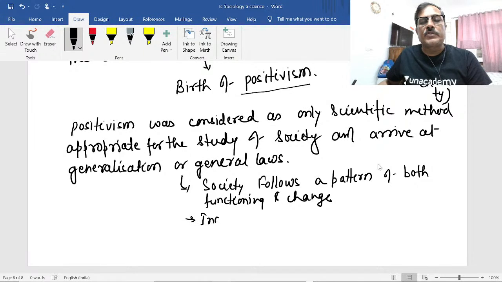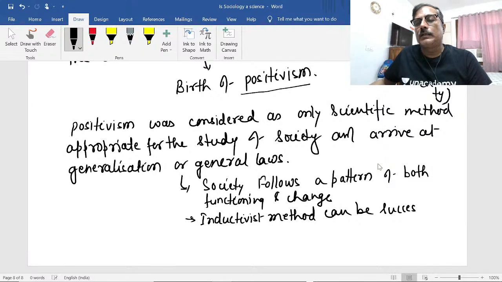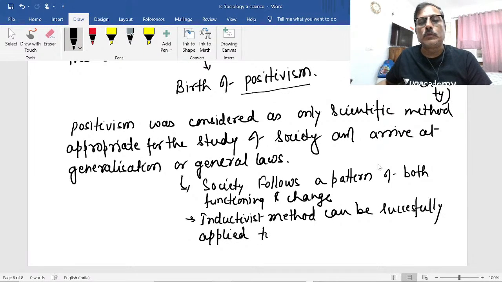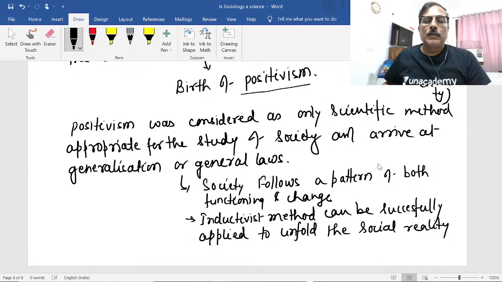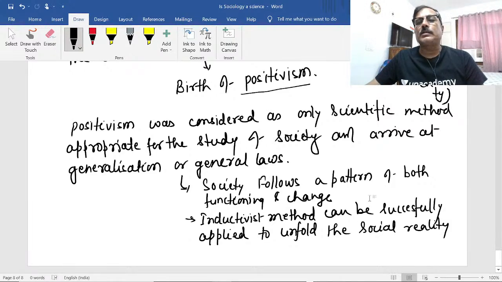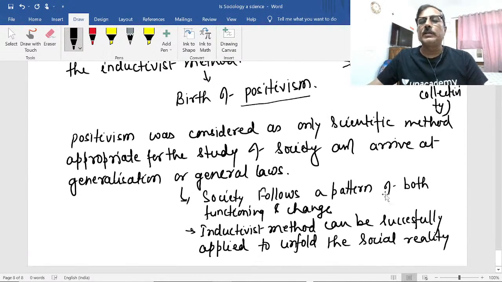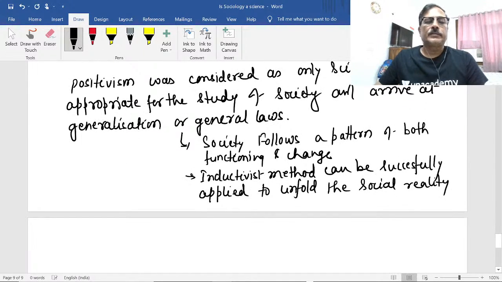And the inductivist method can be successfully applied to unfold the social reality, right? So this functioning and change both follow a pattern, and that pattern can be discovered. And in this methodology, like physics, it emphasized empirical observation, experimentation, and verification, right?